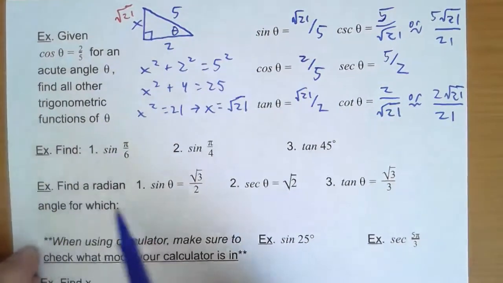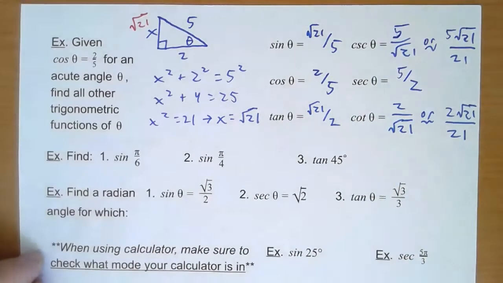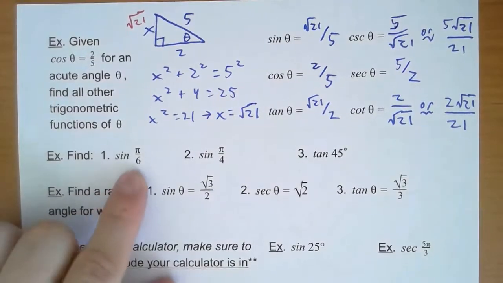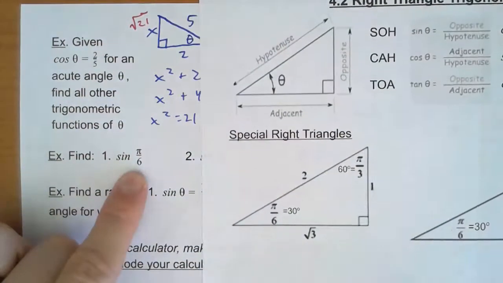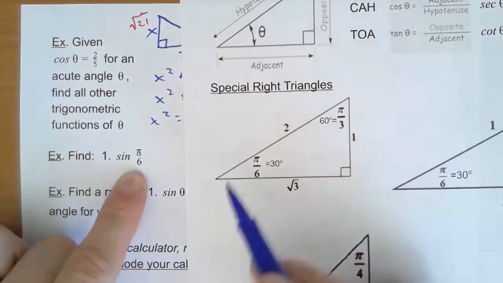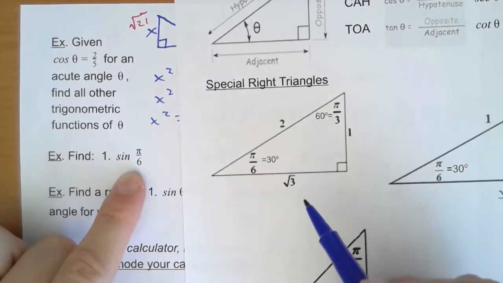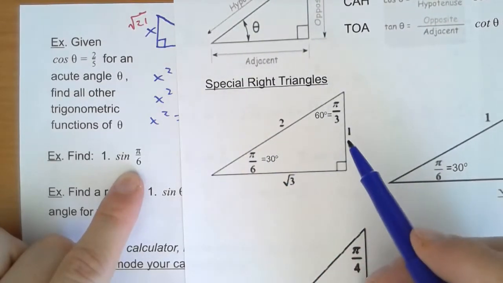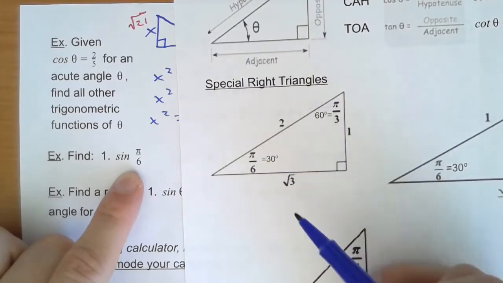All right, so here's going to be probably the new part a little bit. Let's try to do some of this trigonometry in radians. When I say find sine of pi over 6, I'm expecting you to know this special right triangle in radians. Just like in geometry, you had to know that the side opposite 30 degrees was 1, the side opposite 60 degrees was root 3, and the hypotenuse was 2.